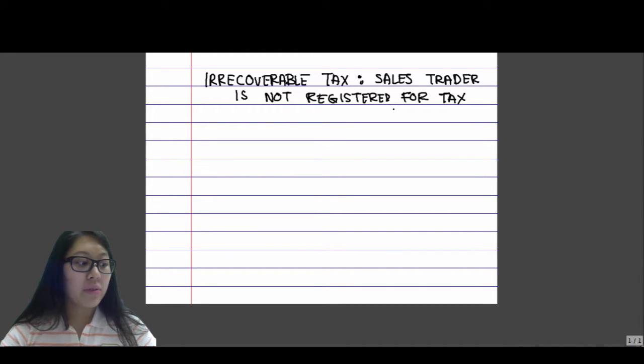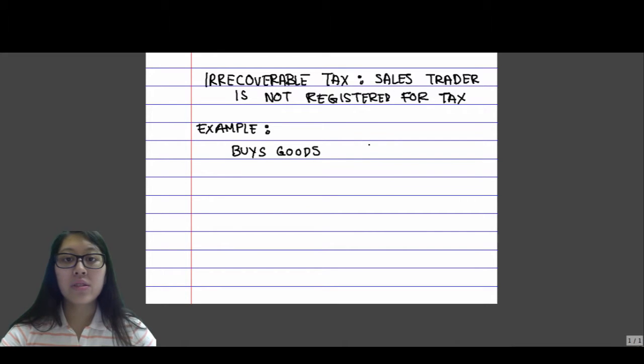So let's say, for example, the business purchases goods that had originally cost $600. And let's say there was a sales tax amount of $90. Okay, so basically what the business is going to have to pay is $690.